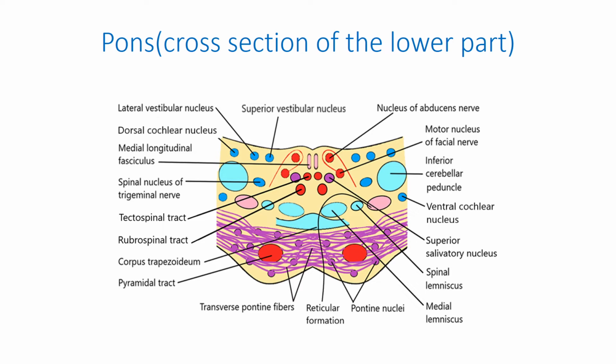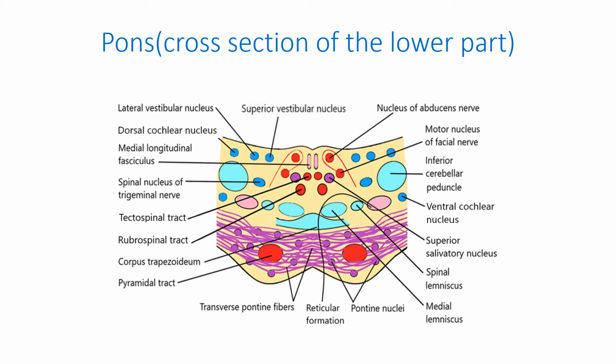Nerve fibers that arise from the pontine nuclei cross to the opposite side as transverse pontine fibers and run to the cerebellum via the middle cerebellar peduncle. Besides transverse nerve bundles, there is a longitudinal pyramidal tract, which consists of corticospinal and corticonuclear tracts, with the latter ending in the motor nuclei of cranial nerves.